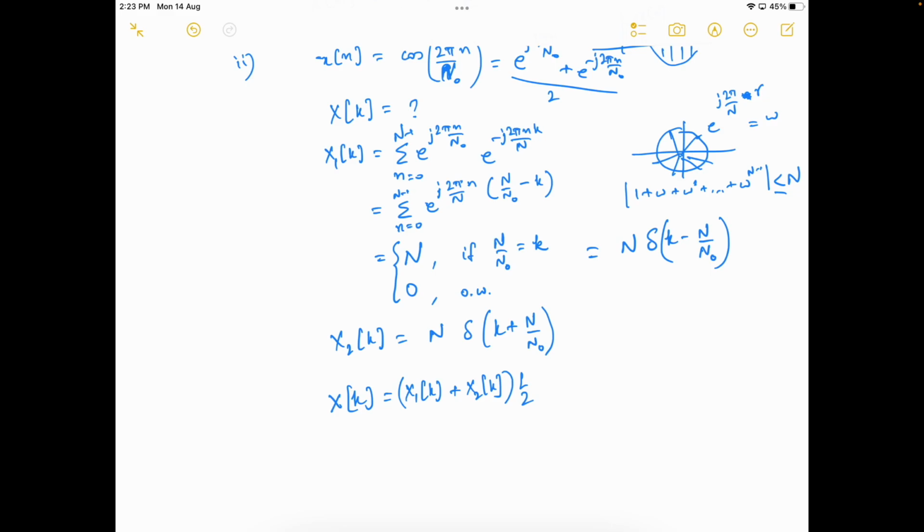Okay. So what if R is 2 times capital N? If R is either 0 or capital N, then this term will be capital N. So when you say R is 2N, this means my n naught is what?